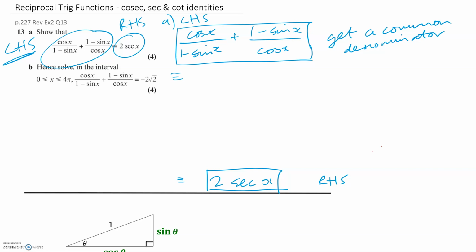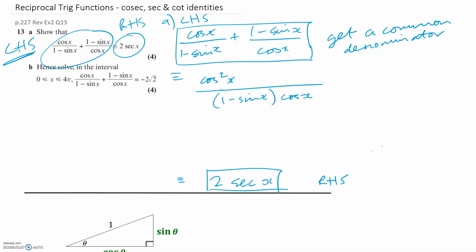If we multiply the two denominators together, a common denominator would be this, and then we multiplied this by cos x, so we also need to multiply that by cos x, so that would give us a cos squared x up the top here.